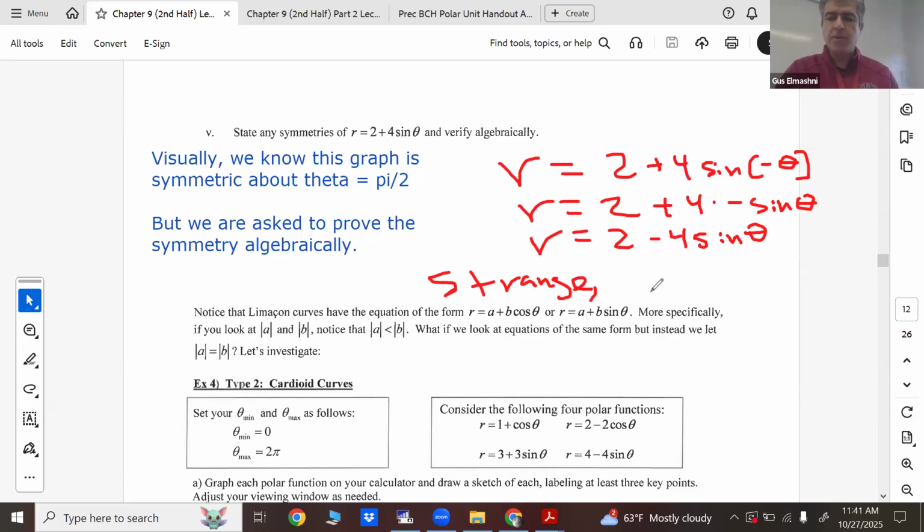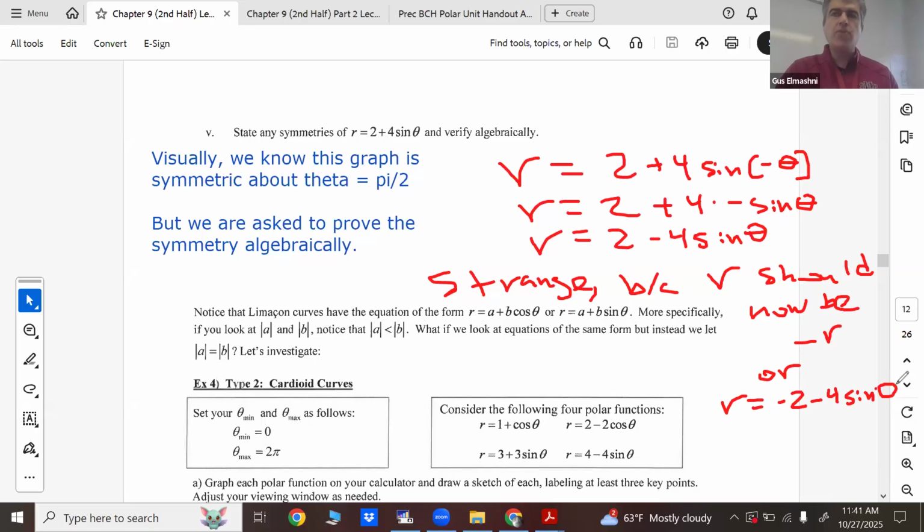Why is it strange? Because R should now be negative R. Does that make sense? Or did that confuse you guys? Or R should equal negative 2 minus 4 sine theta.